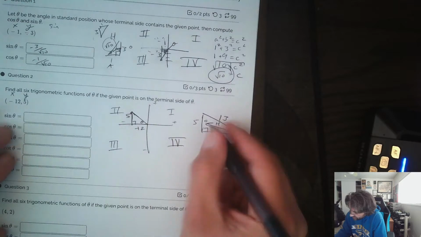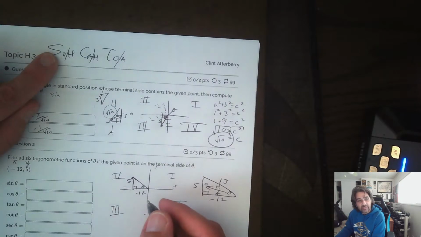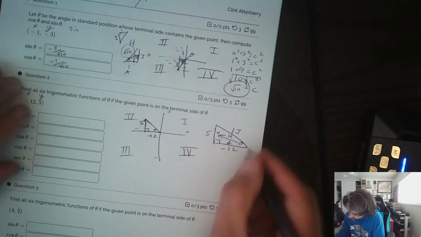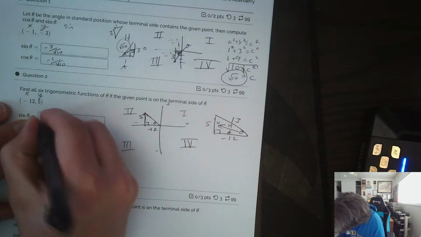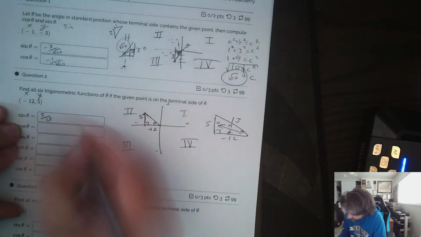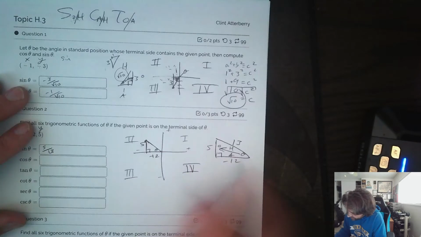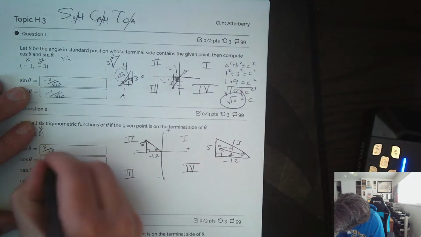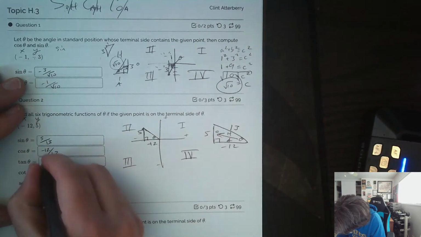Okay, so sine, remember SOHCAHTOA, opposite divided by hypotenuse. Opposite is 5 divided by hypotenuse of 13, so 5 over 13. Cosine, adjacent divided by hypotenuse, so negative 12 divided by 13. Tangent, opposite divided by adjacent, so 5 divided by negative 12.